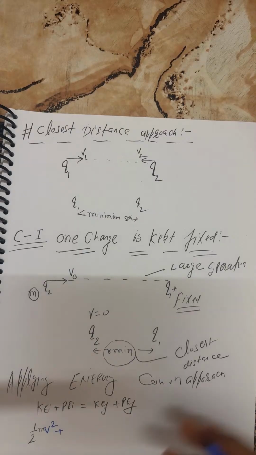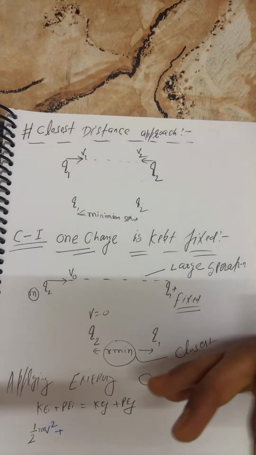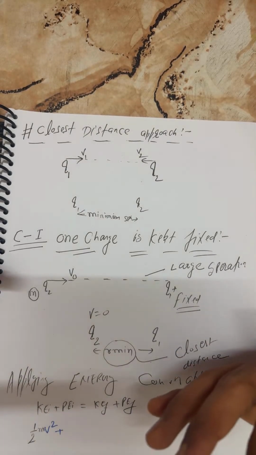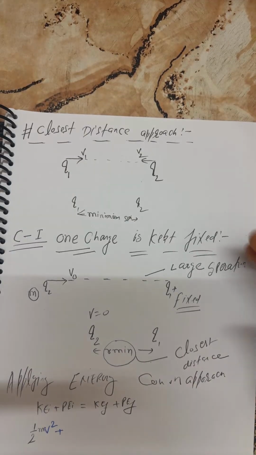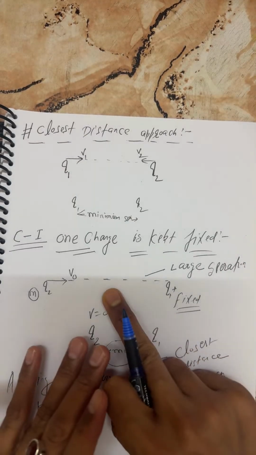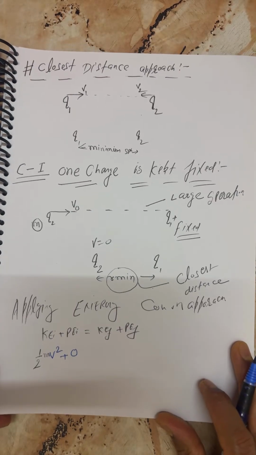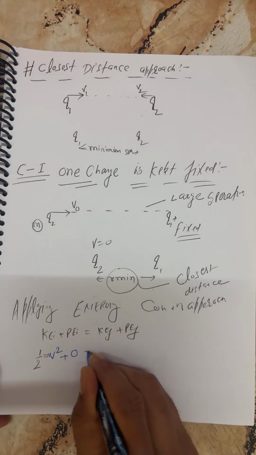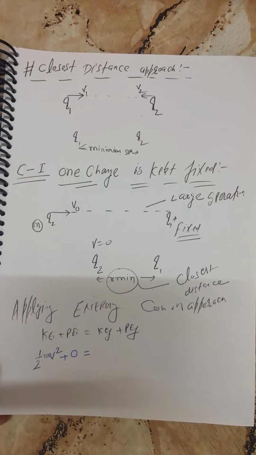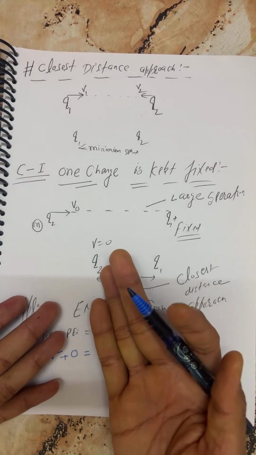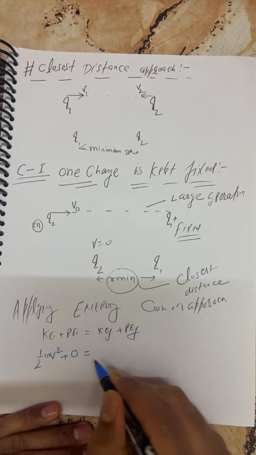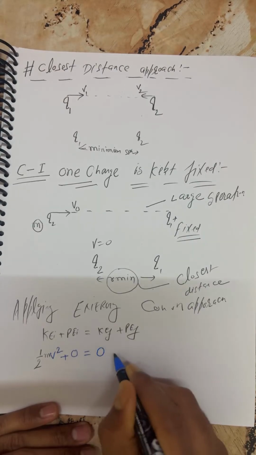We learned interaction potential energy only for a finite distance, but initially they are at large separation, so there is no initial potential energy. Very good. Now what about the final kinetic energy? Zero, because Q2 is also at rest here. So this is zero.